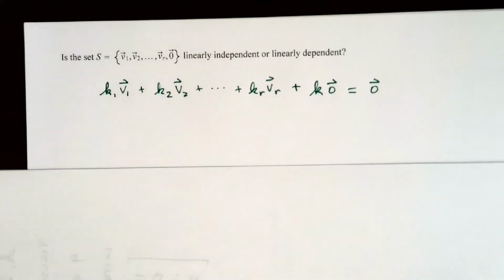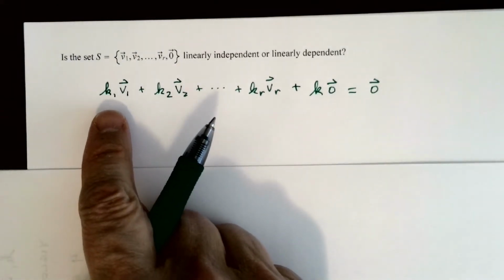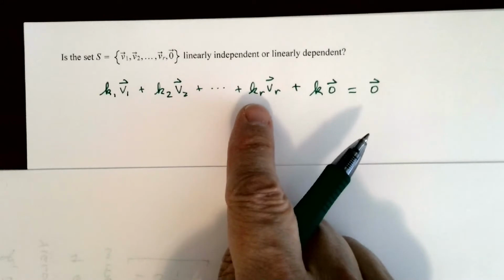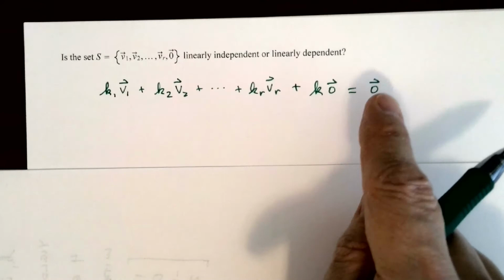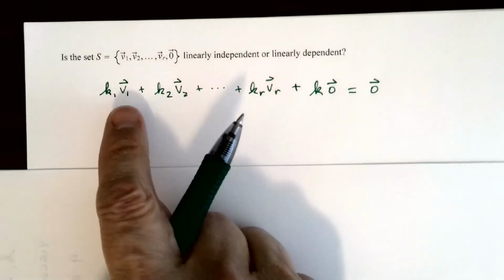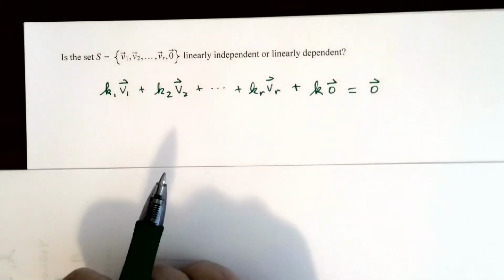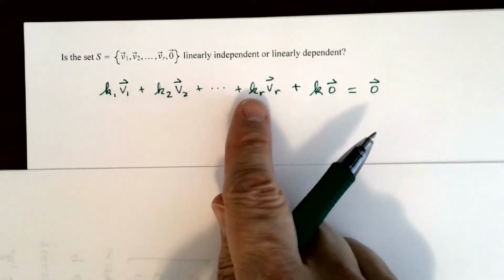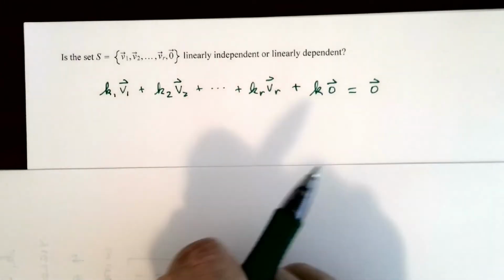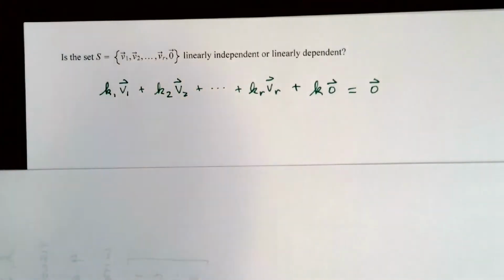Can you think of specific values for all these coefficients, K1 through KR and K, that will satisfy this equation, that will make the result 0, but where not all of the coefficients are equal to 0? It certainly works with K1, K2, KR, and K all 0. This is true. But can you find values of K1 through KR and K where they are not all equal to 0, but still satisfy this equation?